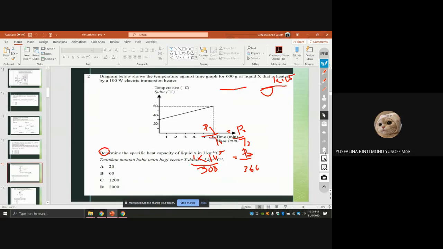Okay, this diagram below shows a temperature against time graph for 600 gram of liquid X that is heated by a 100 watt electrical immersion heater. Determine the specific heat capacity of the liquid in J kg^-1 °C^-1. For this one you need to use the formula Q equals mc theta.